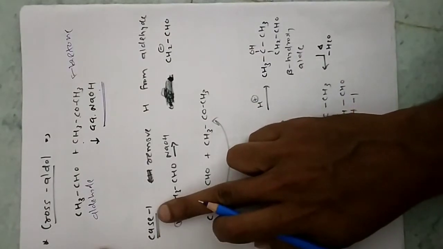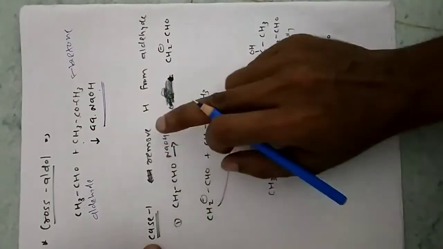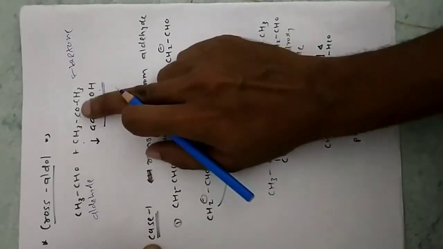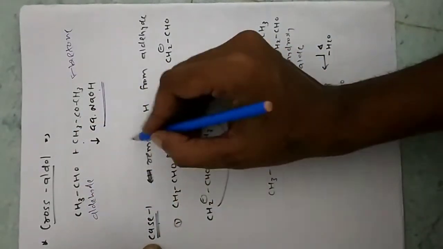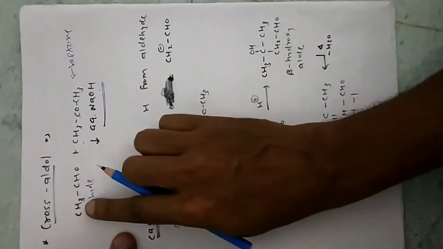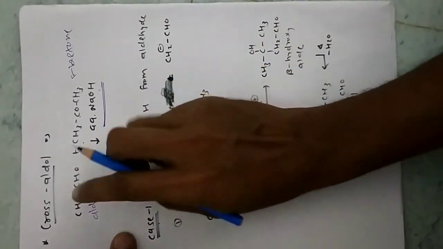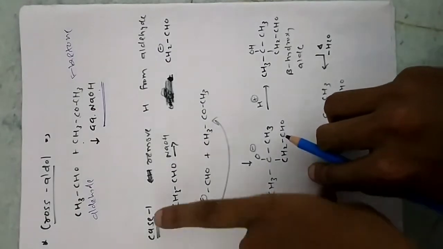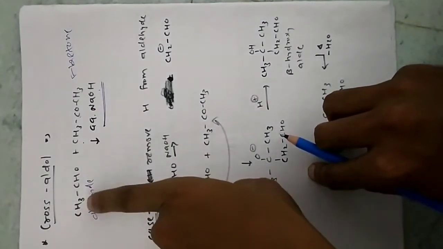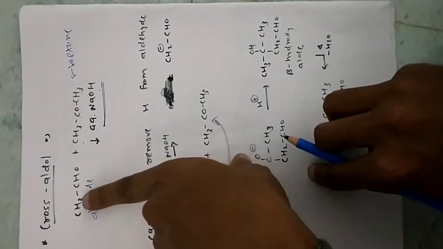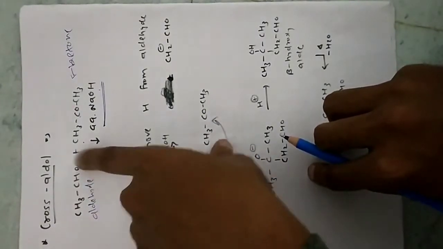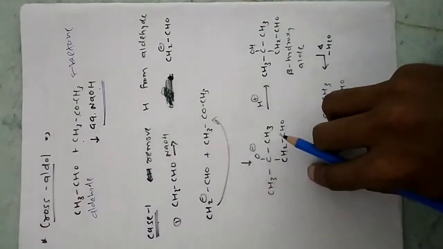This one is our case 1. When aldehyde and ketone react together in case 1, we are going to remove hydrogen from the aldehyde.